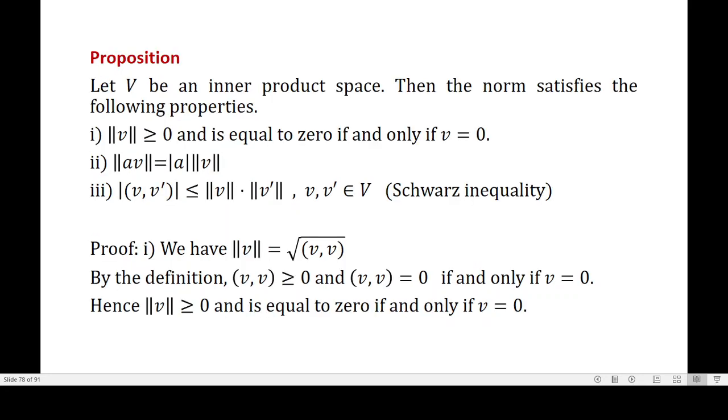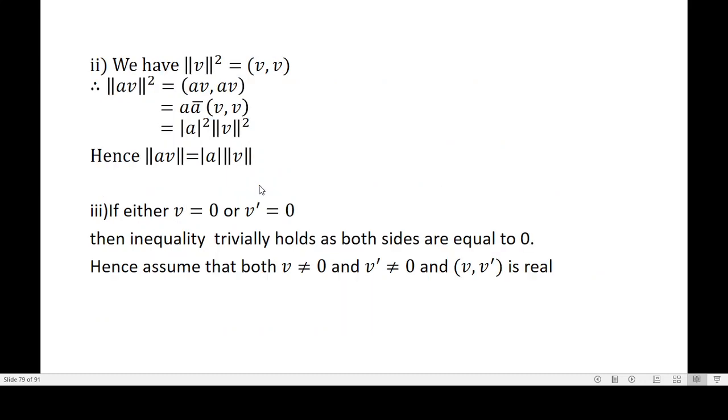If v is equal to 0, the inequality holds because both sides are equal to 0. If v dash is equal to 0, the inequality holds because both sides are equal to 0. Therefore, if either v is 0 or v dash is 0, the inequality trivially holds.